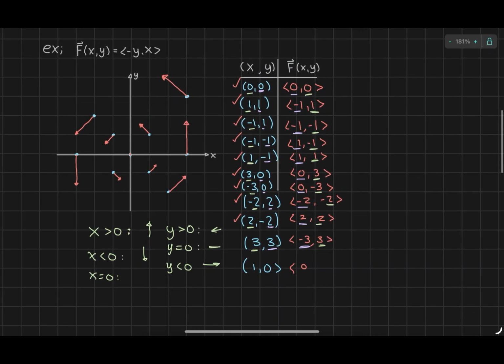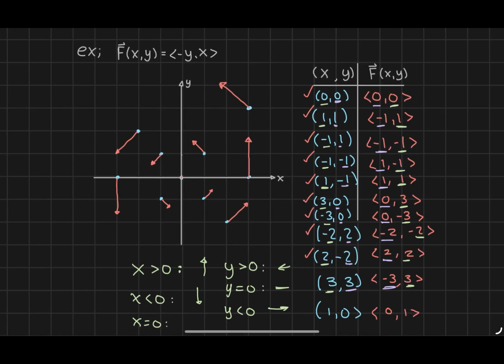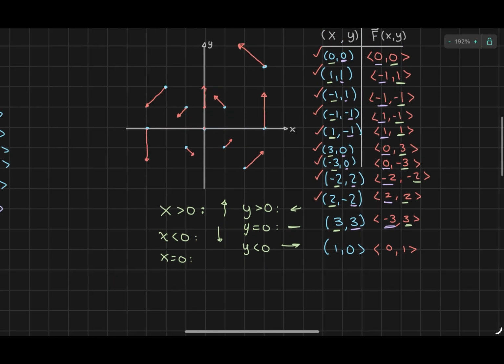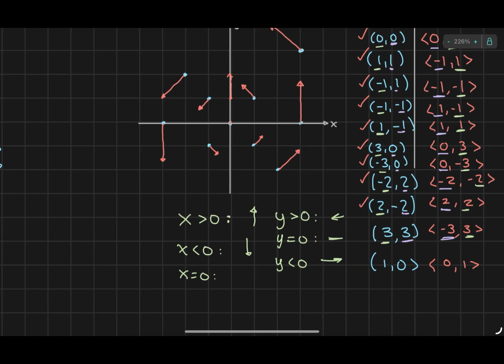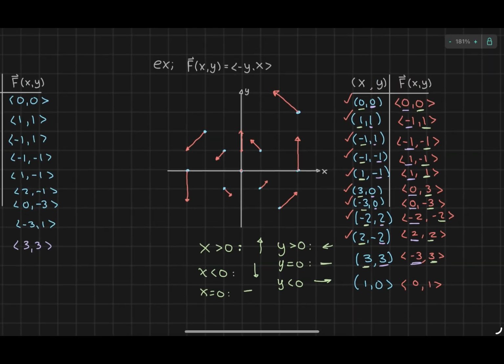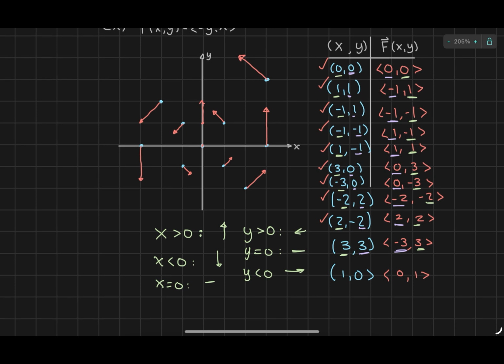Well, that's going to correlate to 0, 1. So for x is equal to 0, it looks like there is no x slope here. Okay. So we kind of have what it's looking at here.